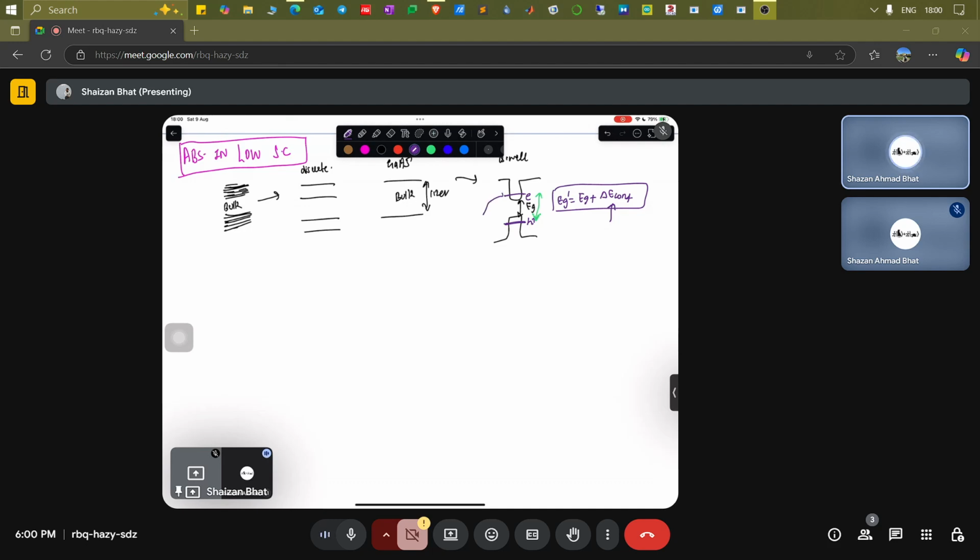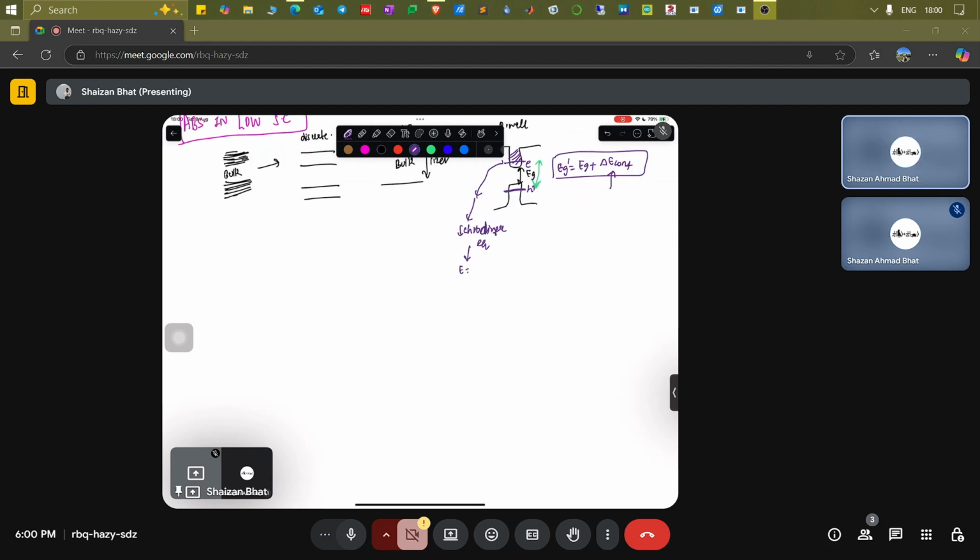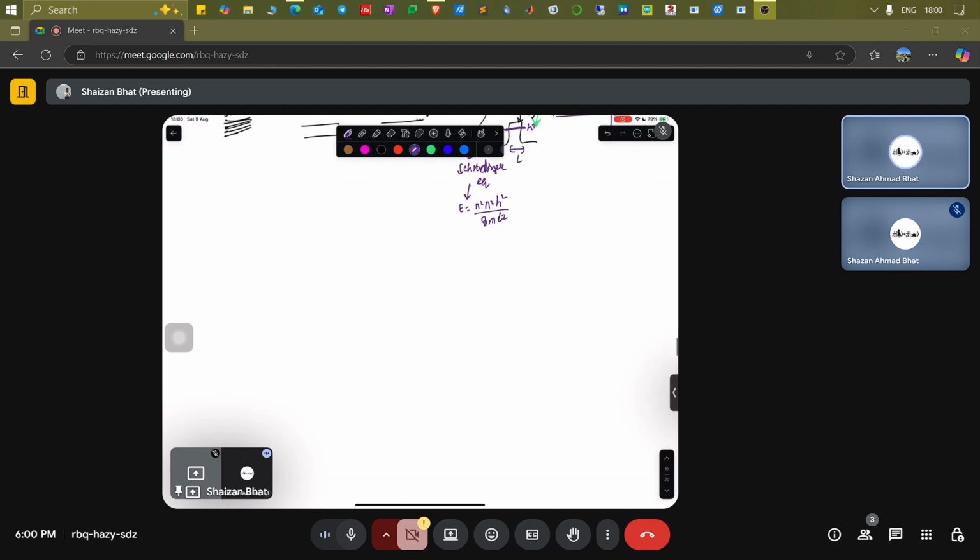Basically, when you solve the Schrodinger equation for this well, you get the solutions as E equals n square pi square h bar square divided by 2 m L square, where L is the width of this well. Okay, so if you then put n equals 1, you get E1.